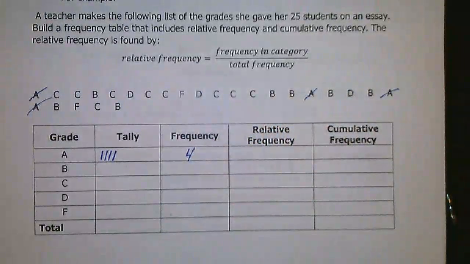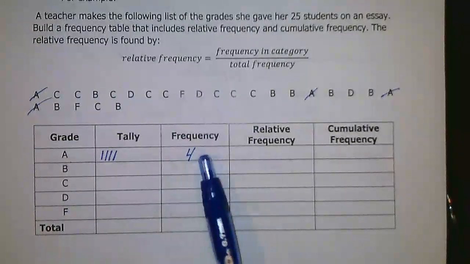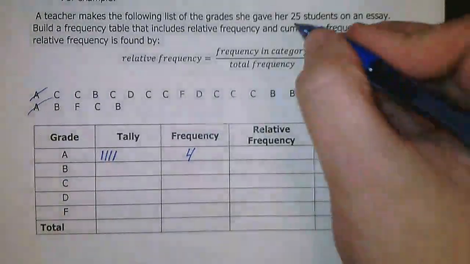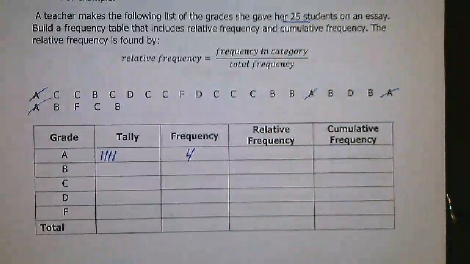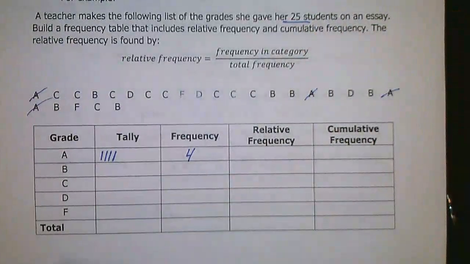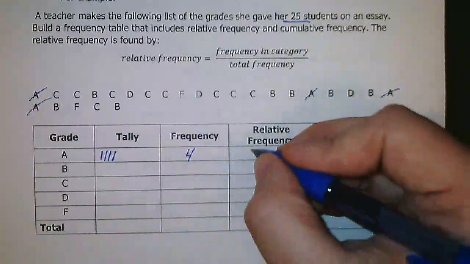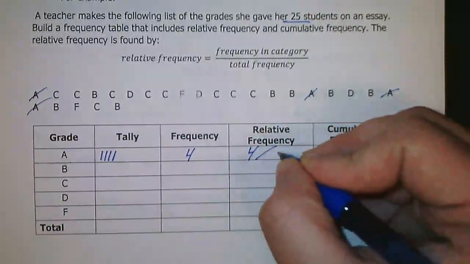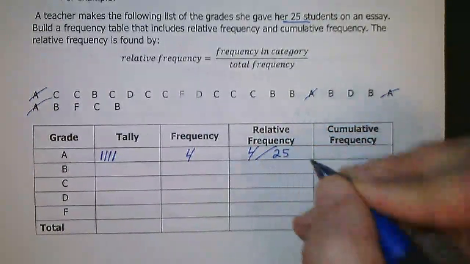So a frequency is just how many times this event occurs. How many times did I record A's for this one essay? I recorded 4 A's. Again, the total, it tells us that there were 25 students. So the relative frequency is 4 out of 25.